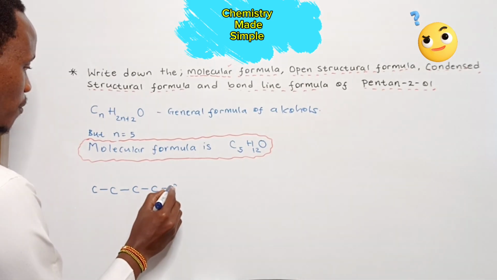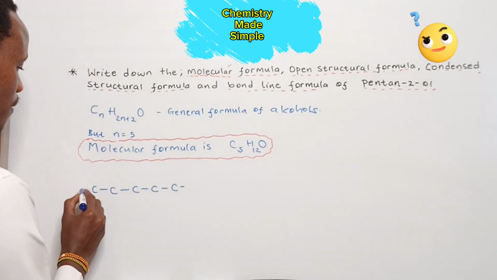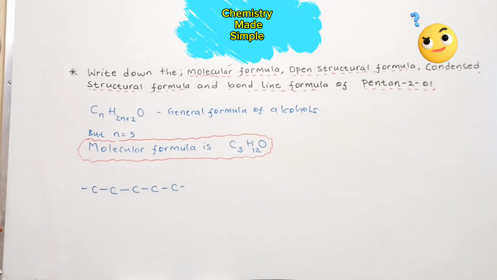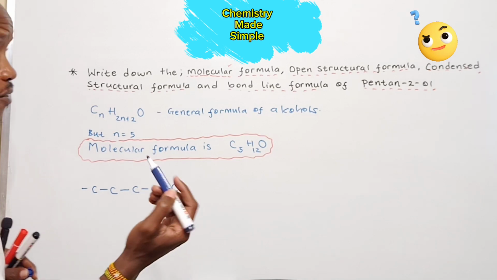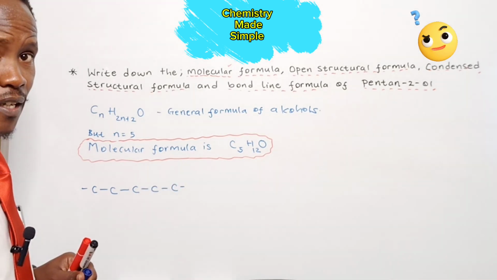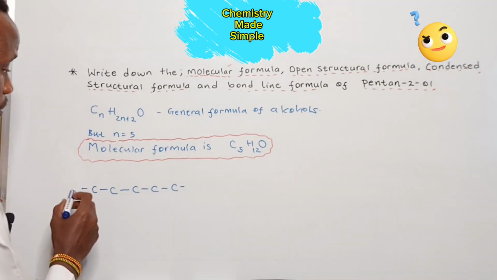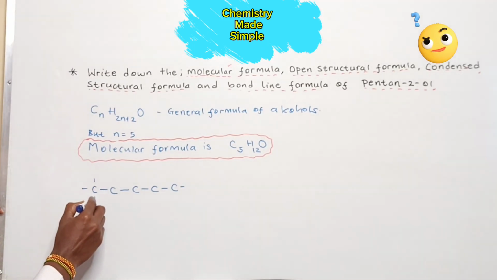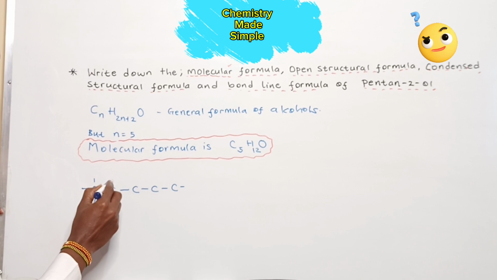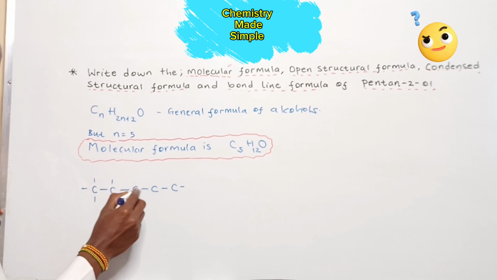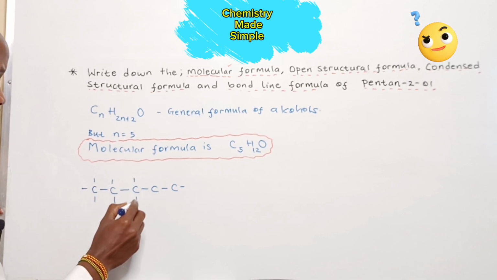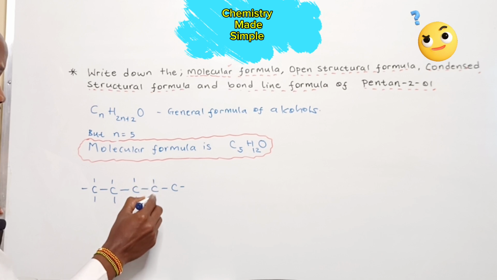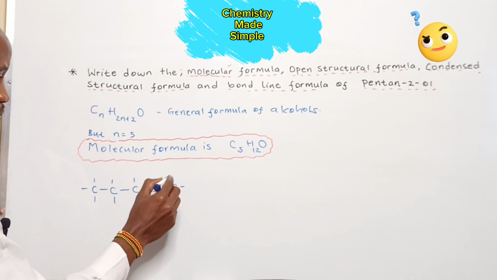Because the name of the compound is pentane. Now, on each and every carbon atom, there must be 4 bonds, because carbon has a maximum valence of 4. So be careful: add bonds to make them 4 on each carbon.